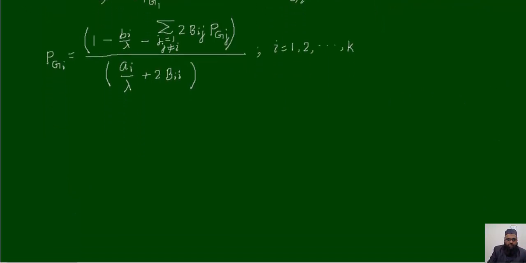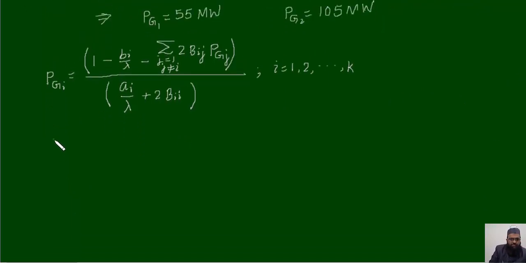From here we may write the expression for Pg1. Pg1 is equal to 1 minus B1 upon lambda, i is 1 here, minus the summation.